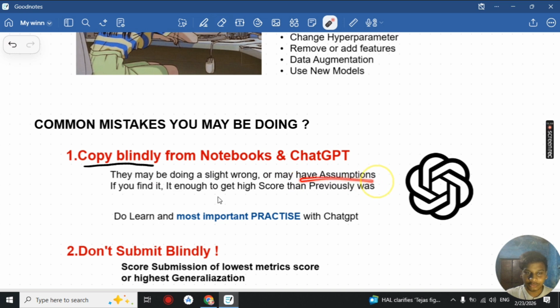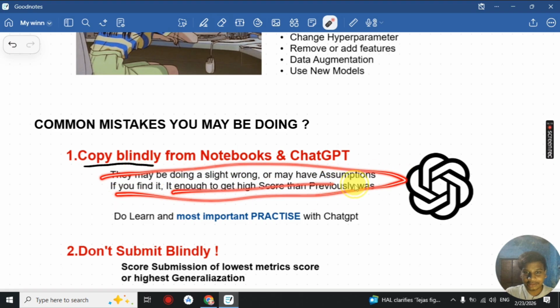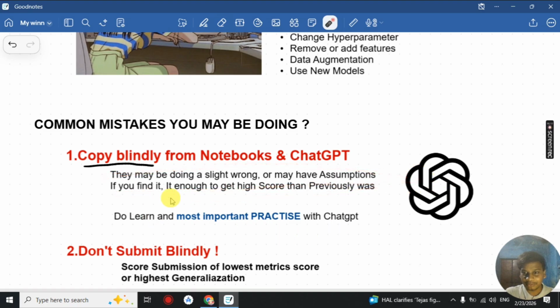Even a child could copy from ChatGPT and paste a whole machine learning pipeline, but he can't understand the wrong method or the hidden assumptions that the notebook or ChatGPT have. If you can find those, it is enough to get a higher score than the blind copying approach.